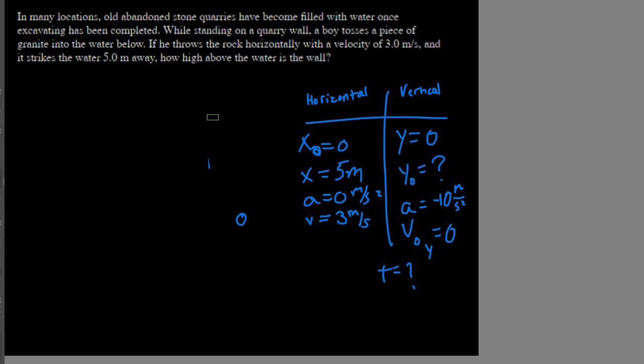We know that horizontally we don't have an acceleration, which means we can use the easier version of our equation. Position is just equal to Vt plus x naught. So if position is equal to Vt plus x naught, I know it starts off at 0 meters. It ends up at 5 meters. And it was only going 3 meters per second.